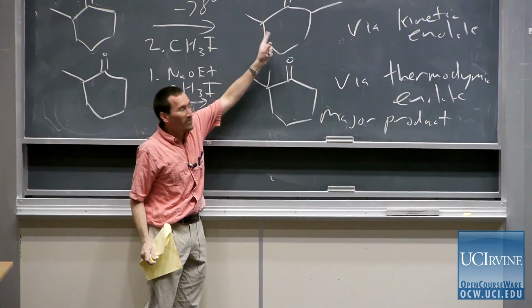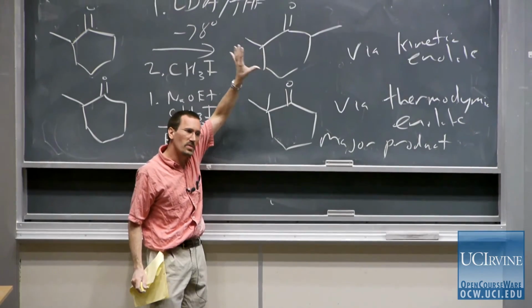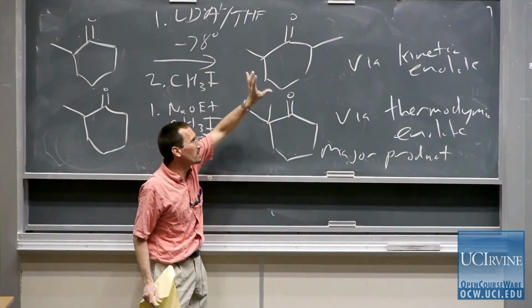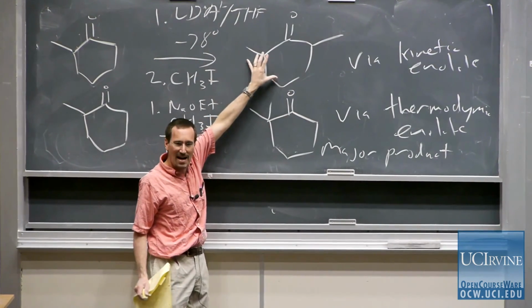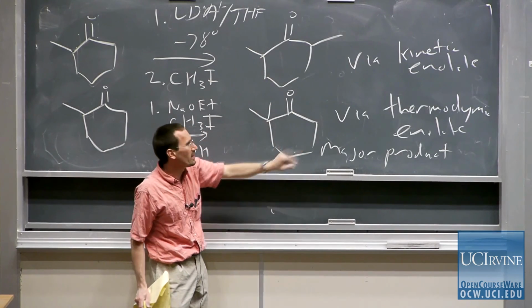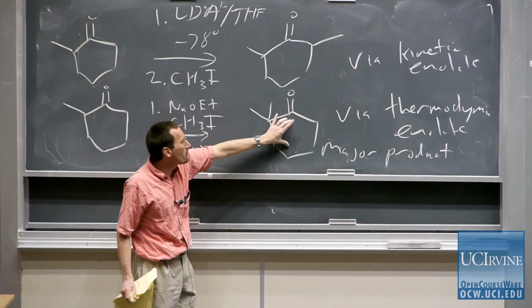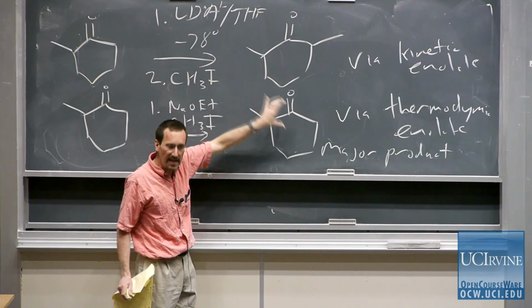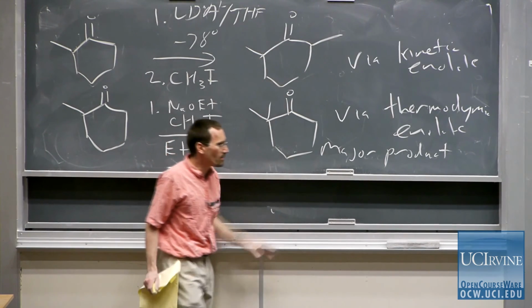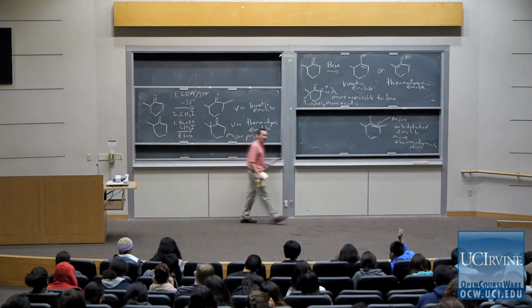Technically here, if I do this reaction with LDA, this is the major product. In other words, I'm going to get 99 parts of this and 1 part this. Technically, this is the major product. I'll probably get about 80 parts of this and 20 parts of that.